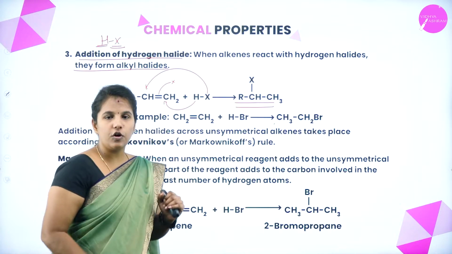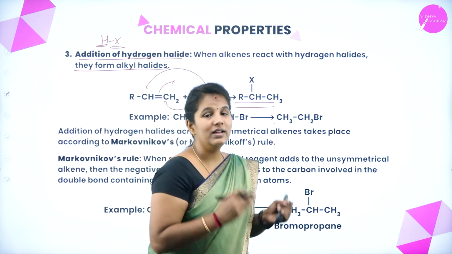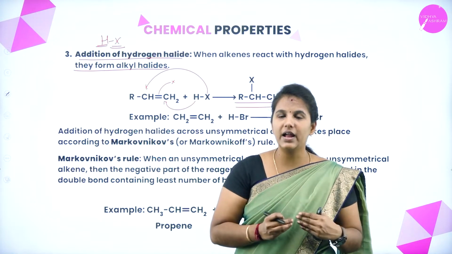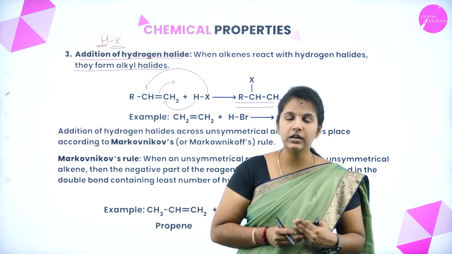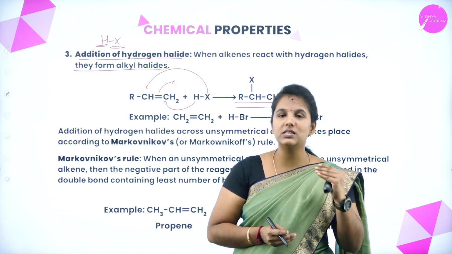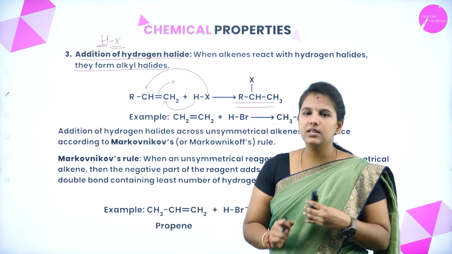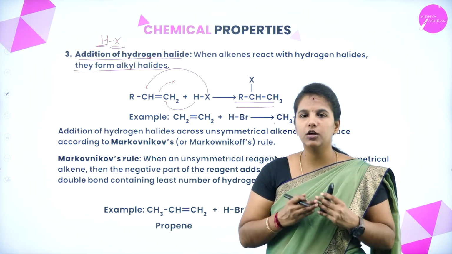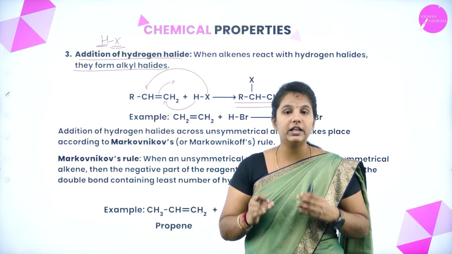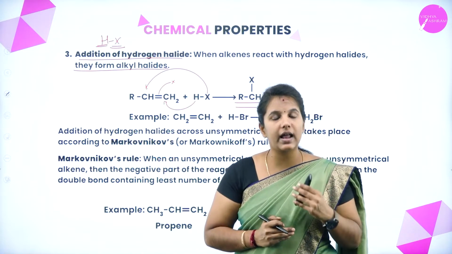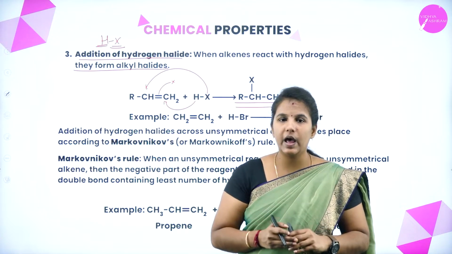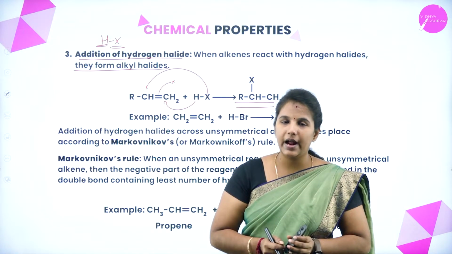According to Markovnikov's Rule, the negative part of the reagent should attach to the carbon atom which has the least hydrogen atoms. What does Markovnikov's Rule say? That the negative part of the reagent should attach to the unsymmetrical carbon atom having the least hydrogen atoms.